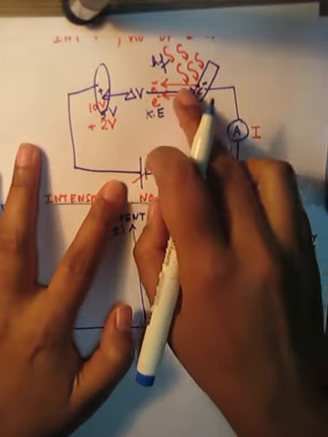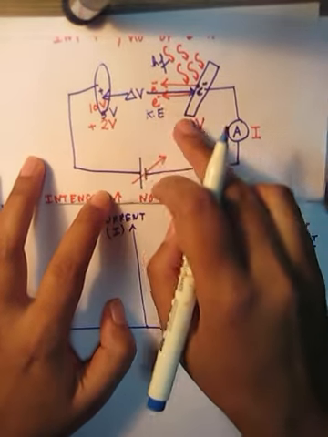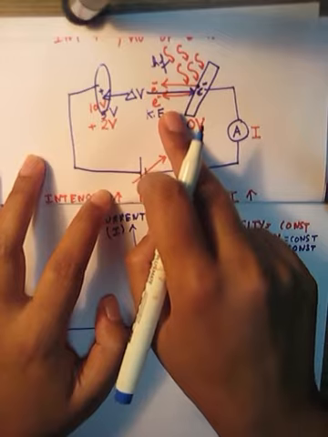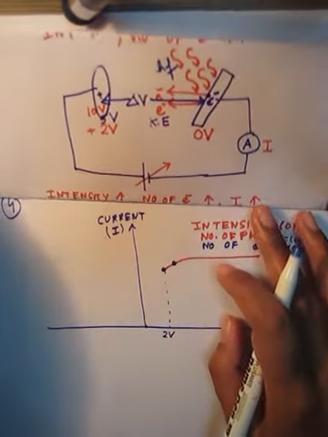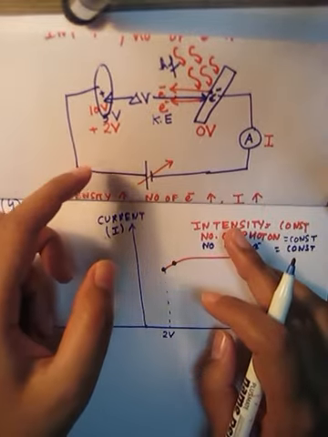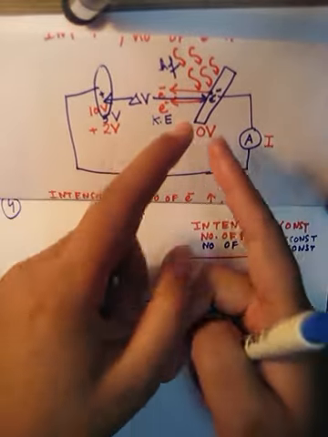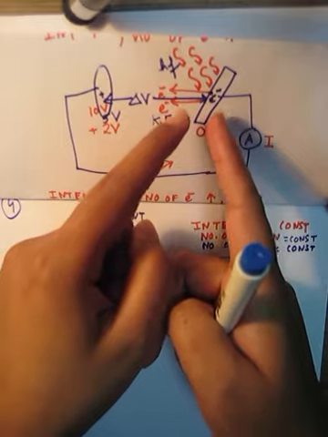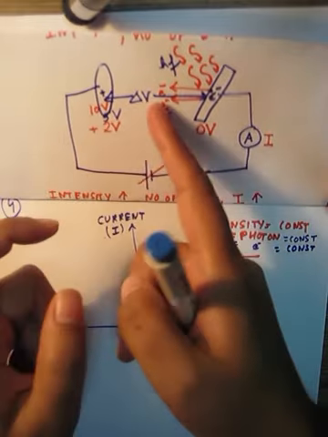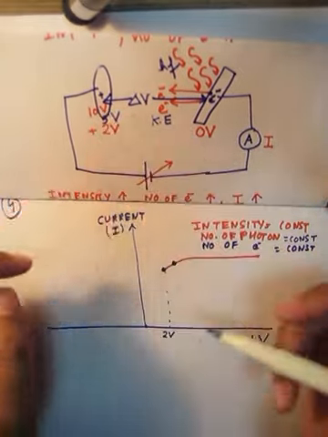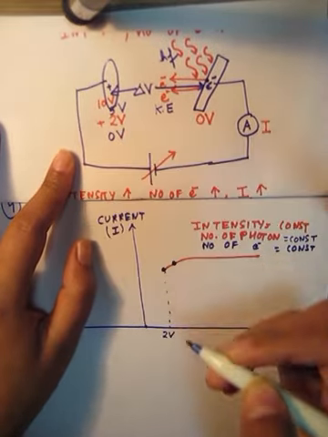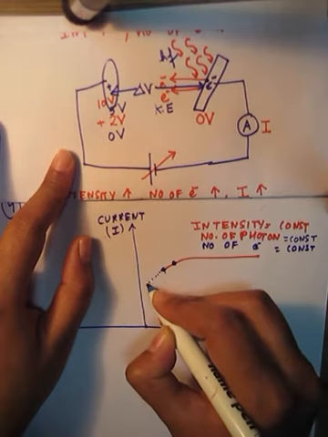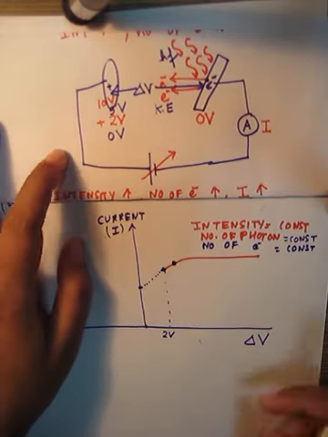Also, when these electrons are striking this surface, they have different kinetic energies. So as you change the potential difference, the higher kinetic energy electrons will pass, but the lesser energy electrons will not be able to go through. Okay. Now let's say that the potential is 0 volt and it decreases further, the current decreases further.